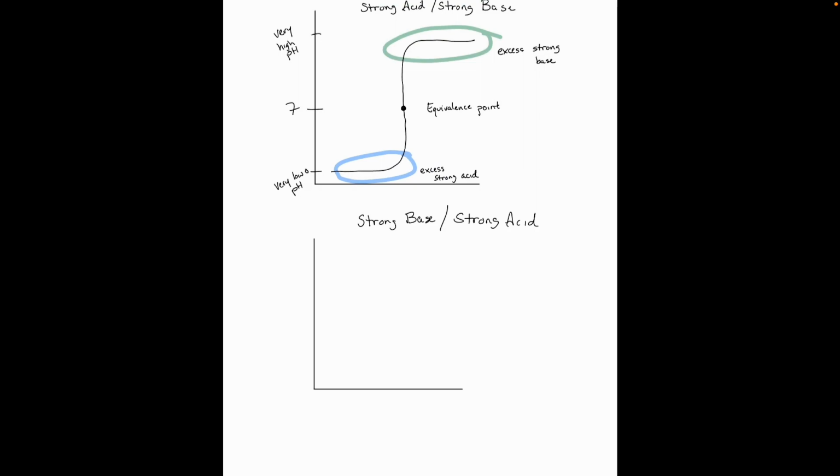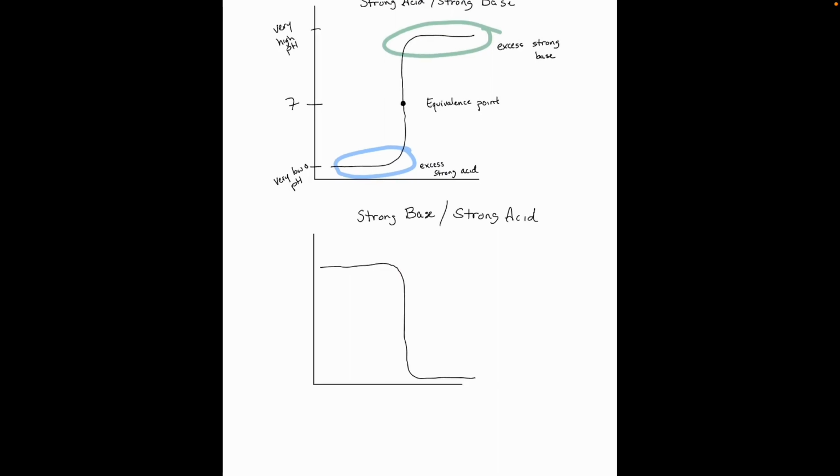It's going to start out at a really high pH and then come crashing down and then level off at a very low pH. Again, I'm going to start off at some high pH value, level off at some low pH. But again, since it's strong and strong, that equivalence point is still 7.